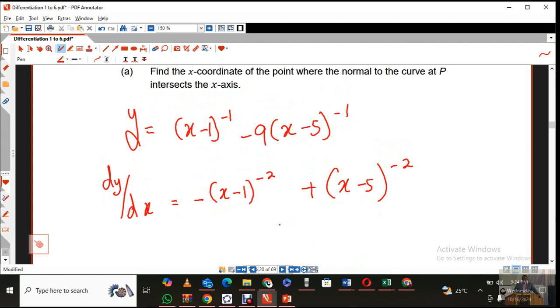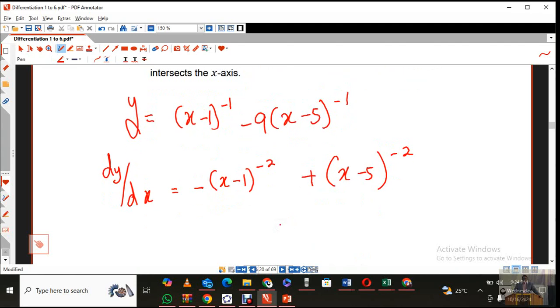So once you are at this level, just rewrite it nicely as perhaps minus 1 all over (x - 1) squared. So perhaps we can bring the minus in front, and then that's plus 1 all over (x - 5) all squared. Okay.